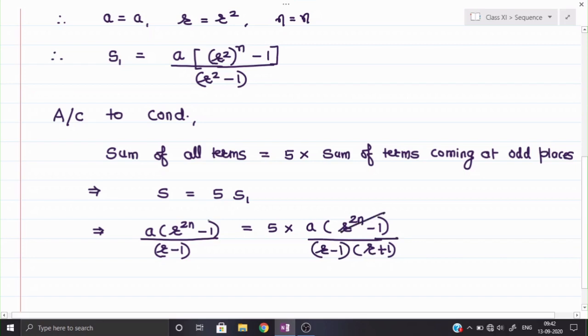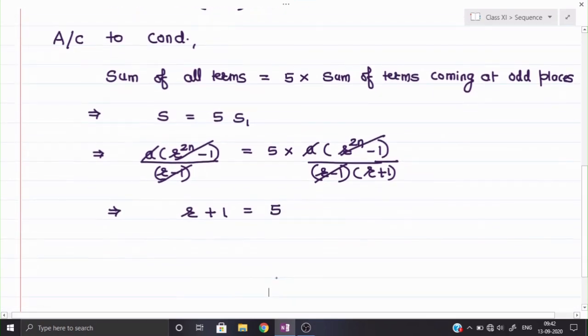So r to the power 2n minus 1 cancels, a and a cancel, r minus 1 and r minus 1 also cancel. Transferring r plus 1 to the other side, r plus 1 is equal to 5. So from here the value of r comes as 4.